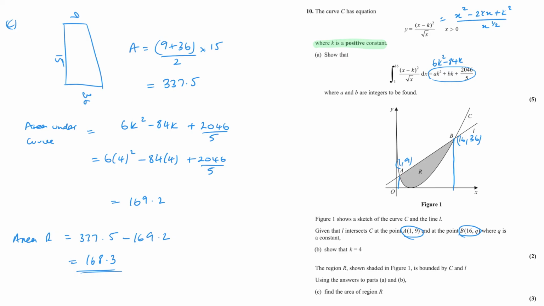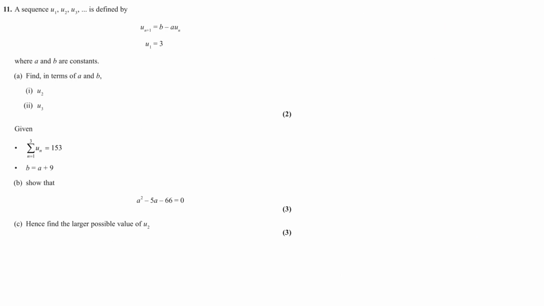Right, let's get on to the last question. Okay, part A. So we know U1 equals 3. We want to find U2 and U3. So U2, so going from this one, U2 would be B minus A U1.